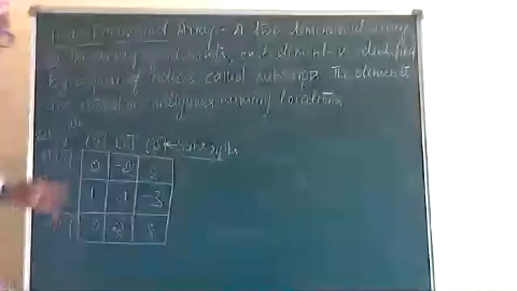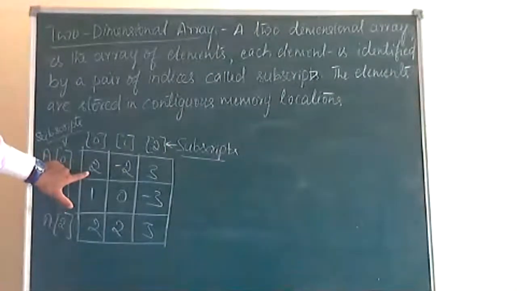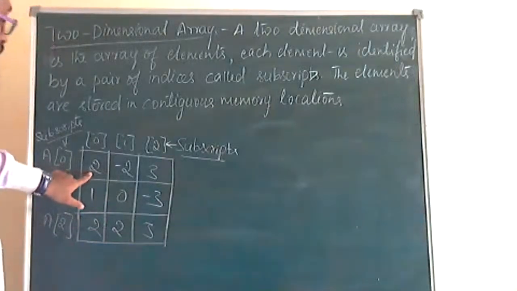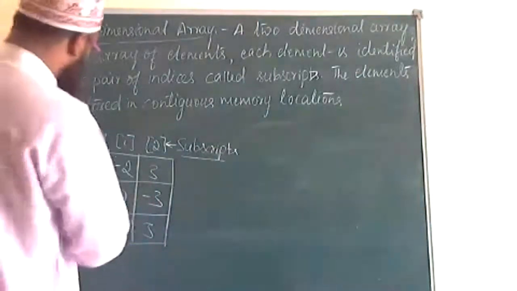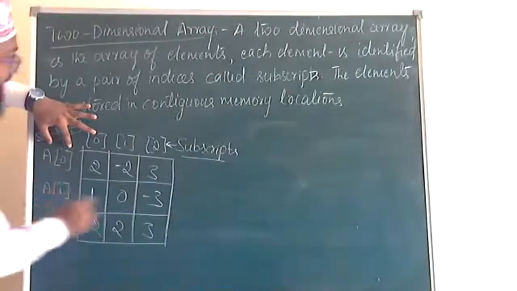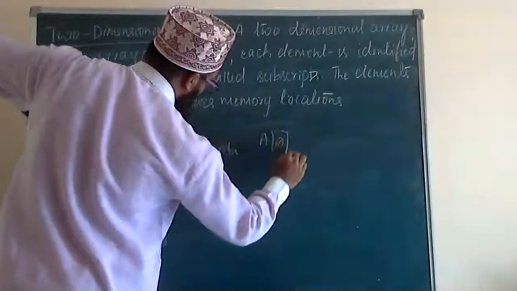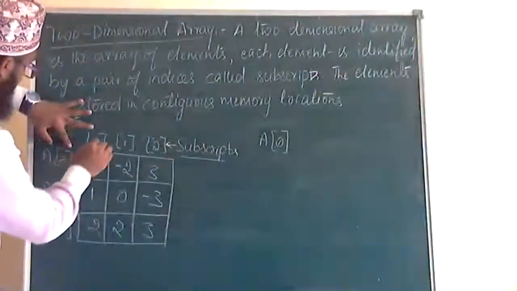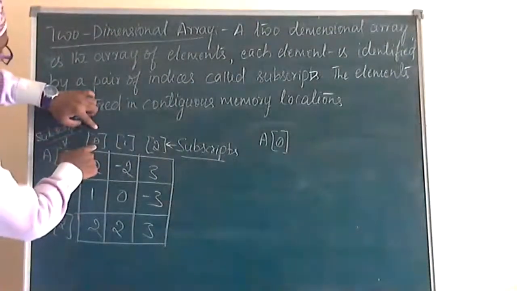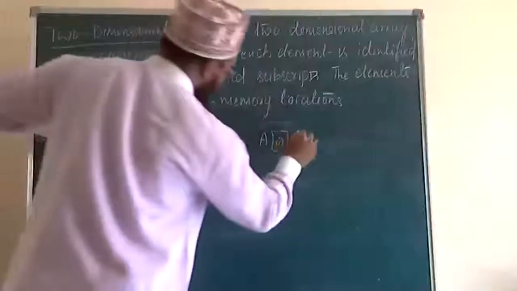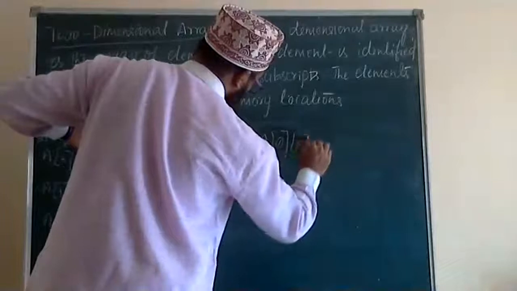See, if you want to represent 2 in a two-dimensional array, the element 2 will be represented as: first take the row subscript, a of 0, then take the column subscript, a of 0, 0.